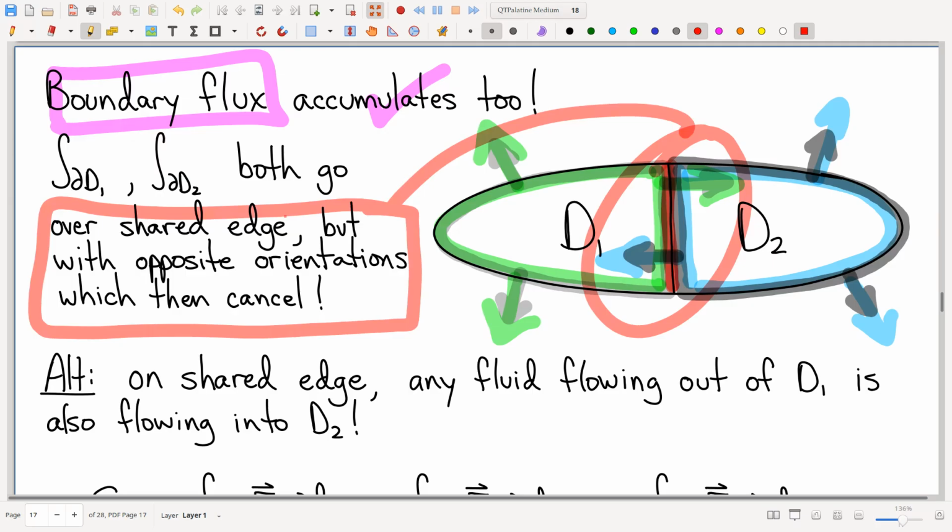And that's word for word almost exactly what we used to argue something super analogous back when we were first looking at Green's theorem. So for not only same result, we have an accumulating quantity, but really for kind of the same reasons. Boundary flux is an accumulating quantity as well.